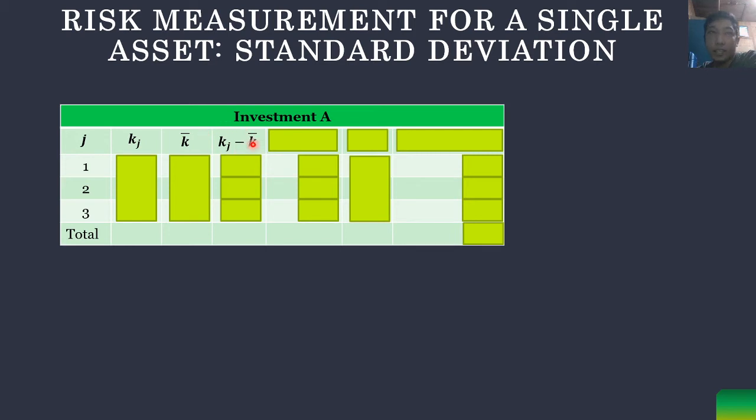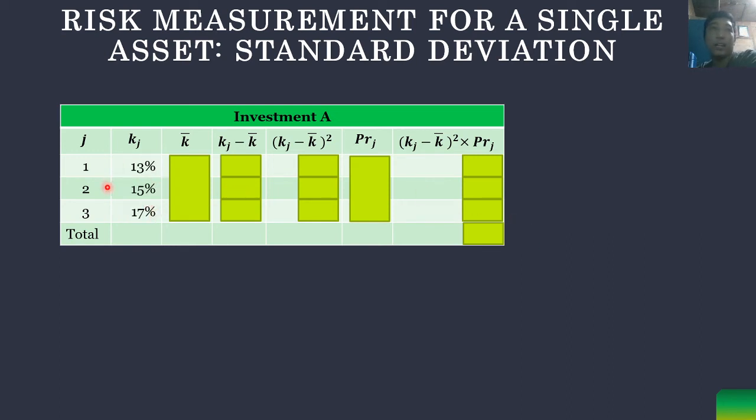And then kailangan natin yung KJ or yung return for that outcome minus the K-bar. And then i-square natin yan. Pagka-square natin, i-multiply natin saan? Sa probability of occurrence. Okay? So itong value na to, yung squared multiplied by the probability of occurrence, isasum natin. And then pagka-sum natin, hindi pa tapos yun, i-square root pa natin yun. That is now the standard deviation.